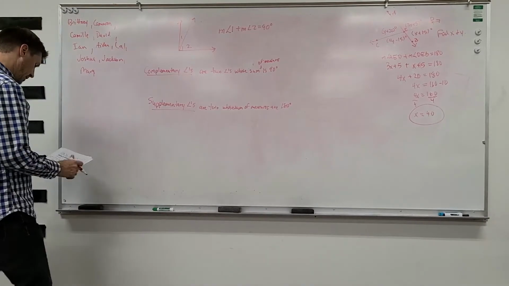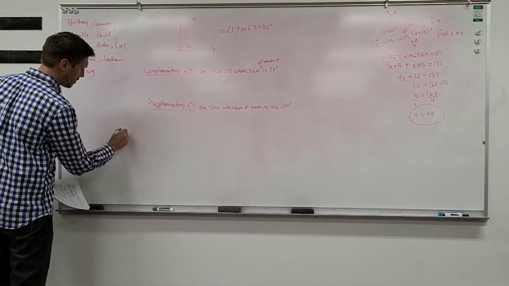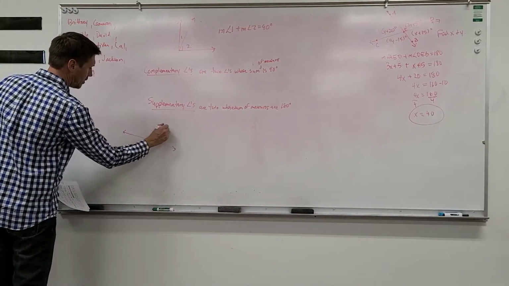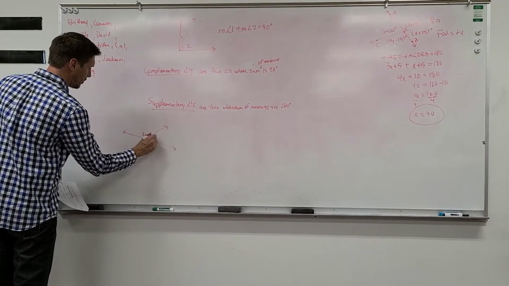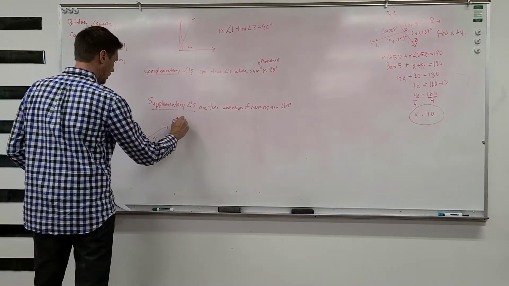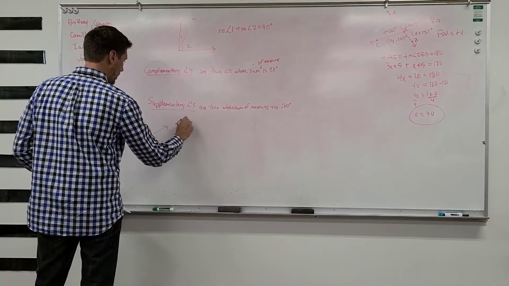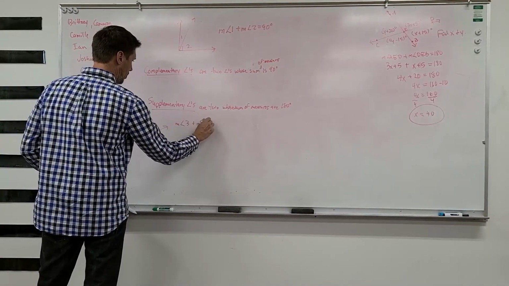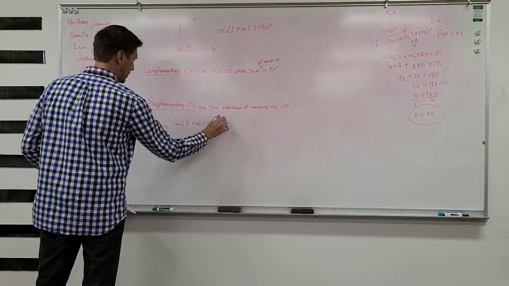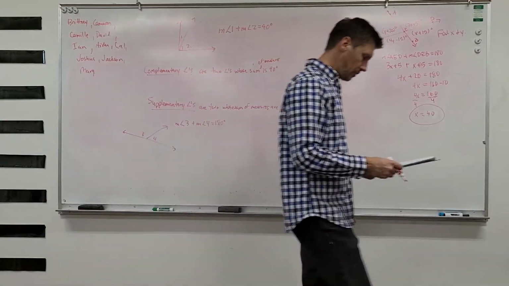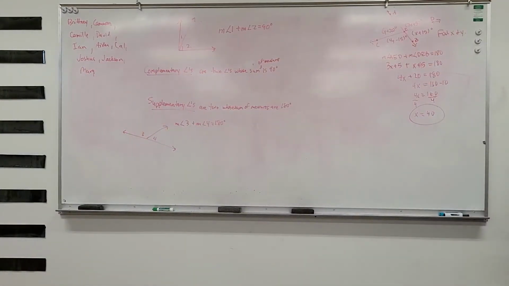So that would be like this, and we call this angle 3 and angle 4. So the measure of angle 3 plus the measure of angle 4 equals 180 degrees. So make sure you know the difference between supplementary and complementary angles.